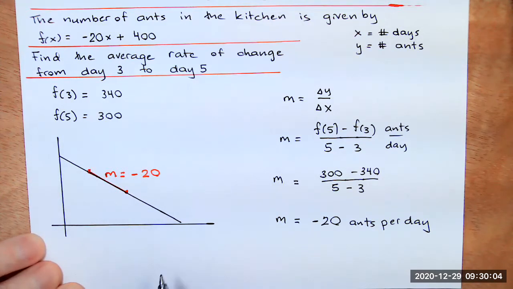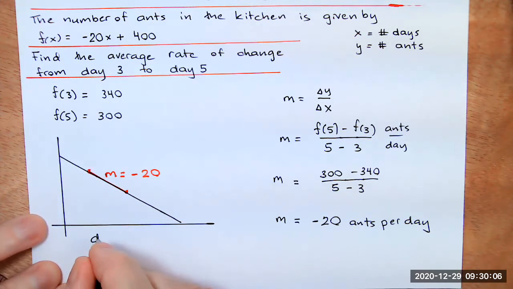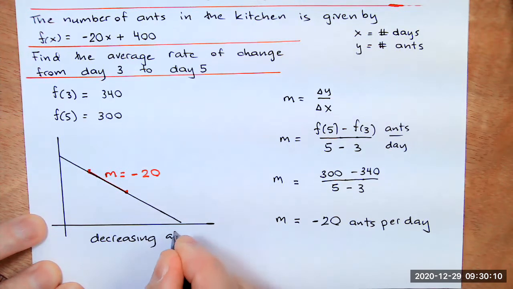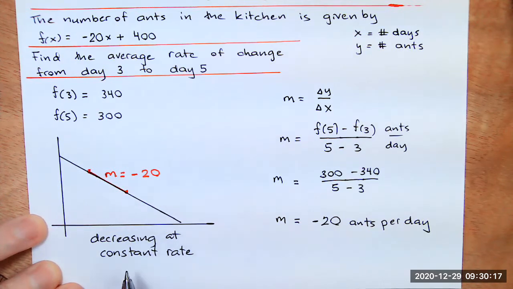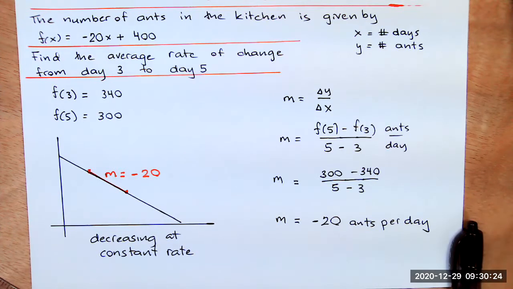So this function is decreasing at a constant rate. And that constant rate of change is the slope of the line. All right, let's do another.